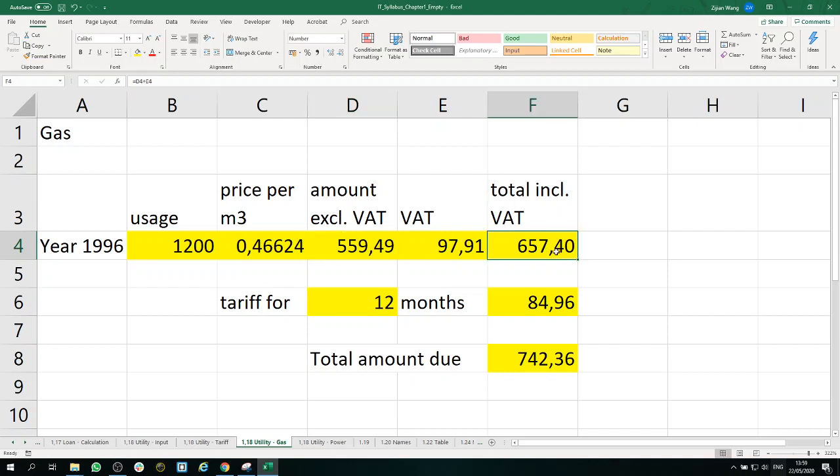And total amount include VAT is these two adding up together. The cycle of 12 months can be referred back to the input sheet, and the tariff is also available in the input sheet, but that's only for monthly payment, and you need to use that to time the 12 months. In the end, we add up the expenses for gas and the expenses for tariff.